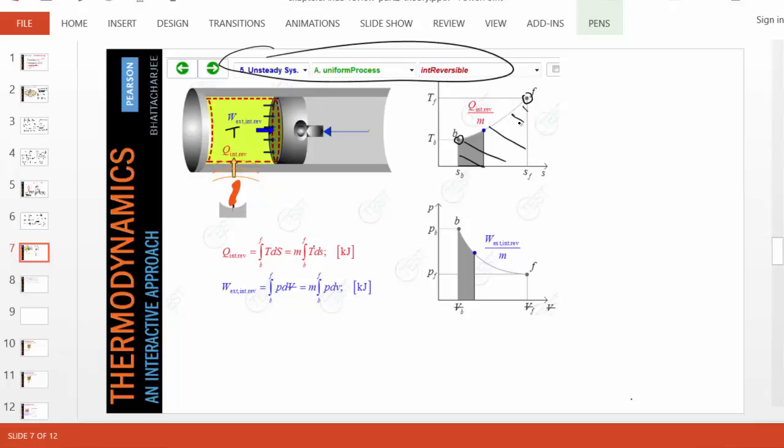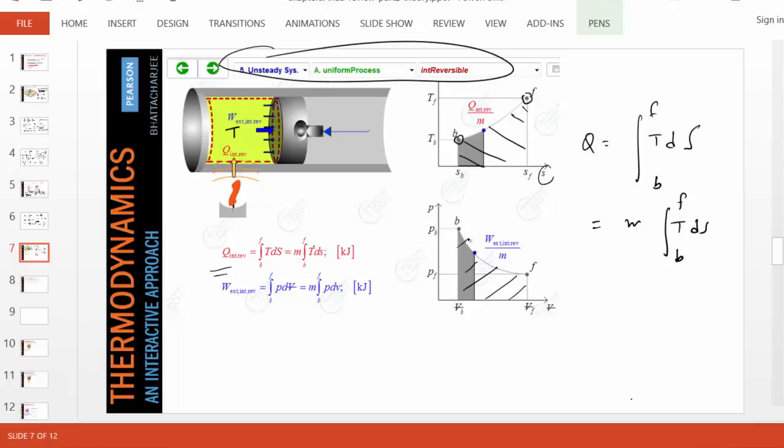You can see that it is proportional to the heat transfer, because the heat transfer is integral T dS, which is mass times T ds from B to F. In the T and small s diagram, this area is proportional to the heat transfer, just like in a PV diagram, this area is proportional to the work transfer.